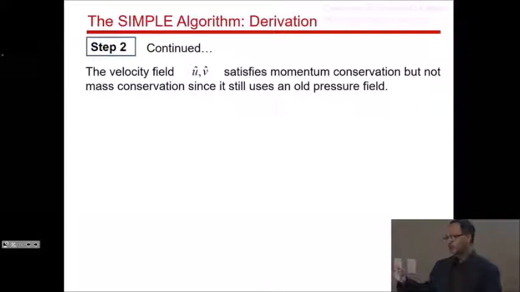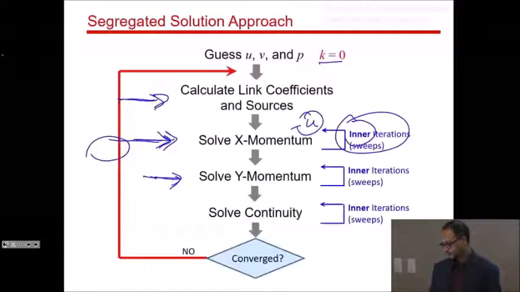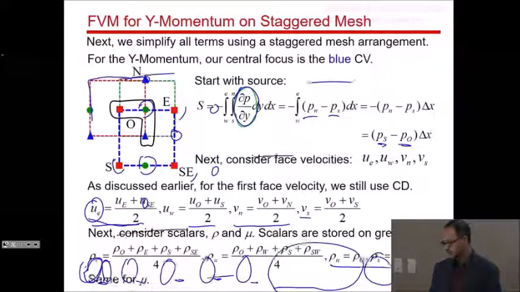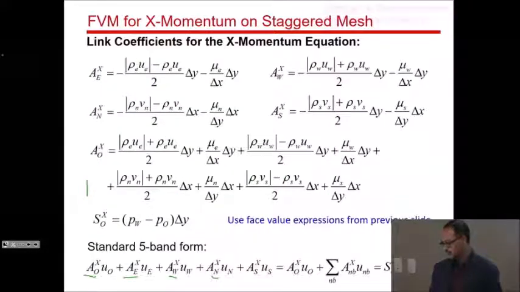But the pressure that I'm using here in this equation, these sources, they use P from the previous iteration, because I still haven't solved the continuity equation in this current outer iteration.